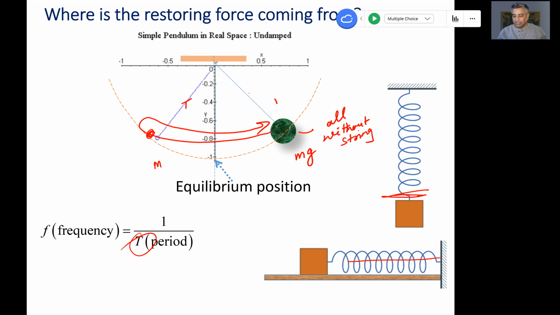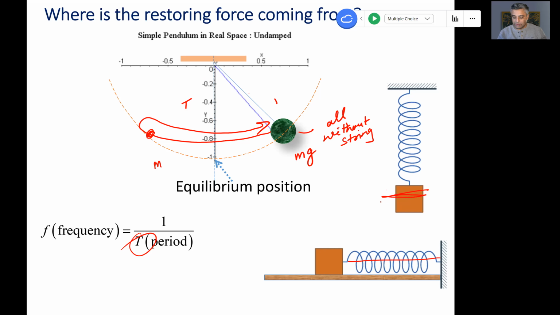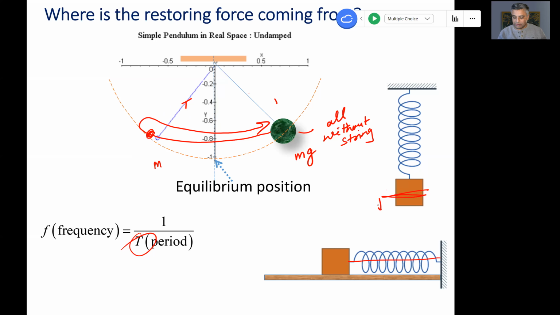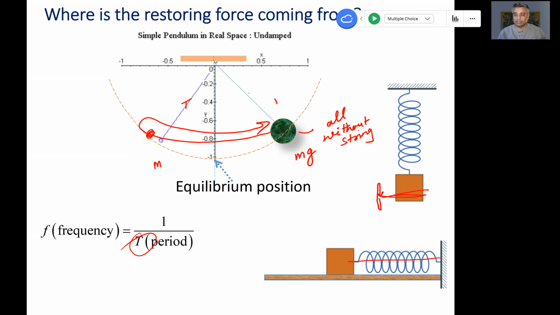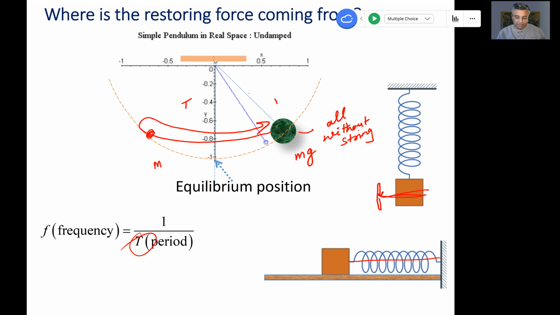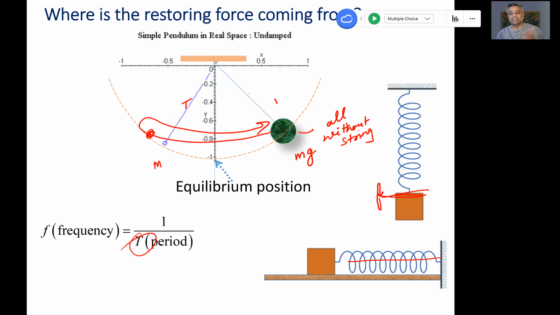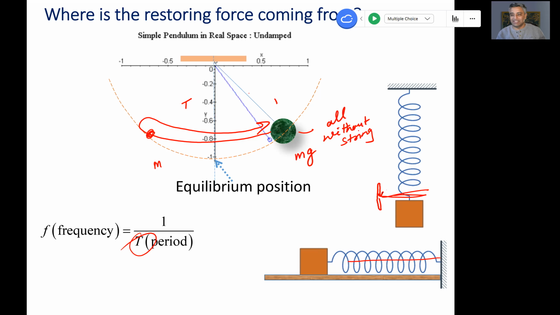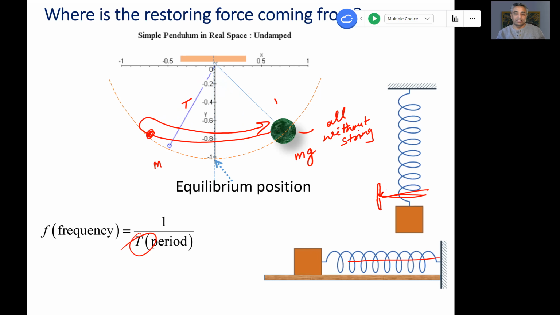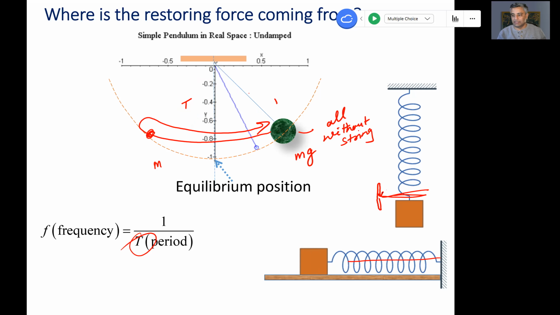And for this, what's happening? It's coming down, going up, and then coming back, let's say, to the equilibrium position. So that's what one complete oscillation means. Now frequency means how many times it's oscillating every second, which is the reciprocal of the period, okay?